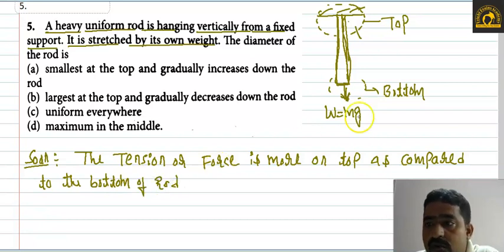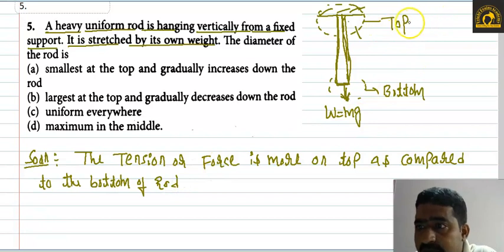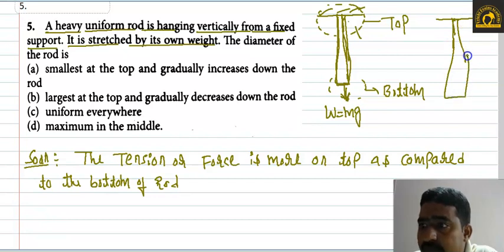So since the load is more on the top, the diameter is less as compared to the bottom.